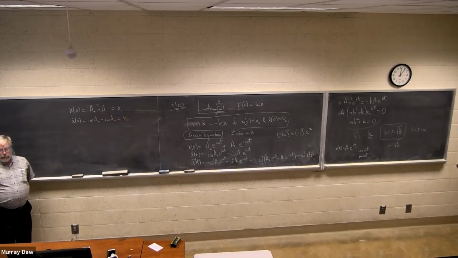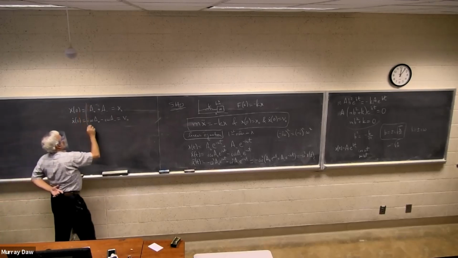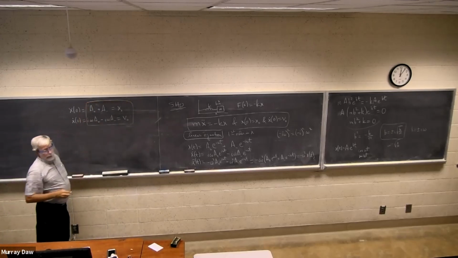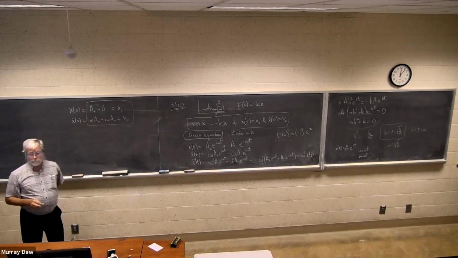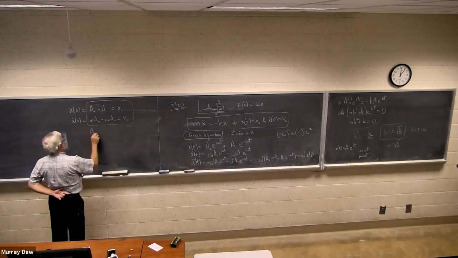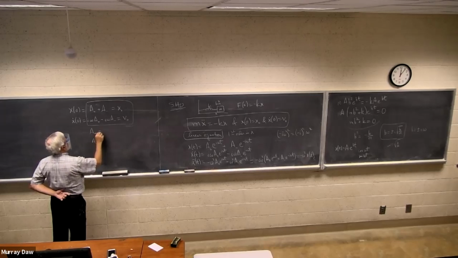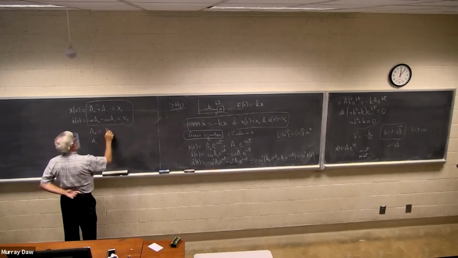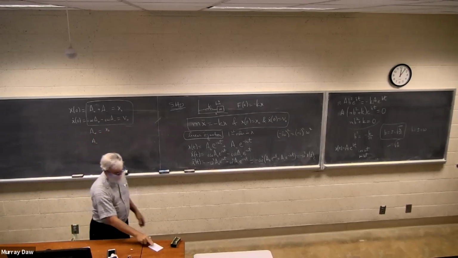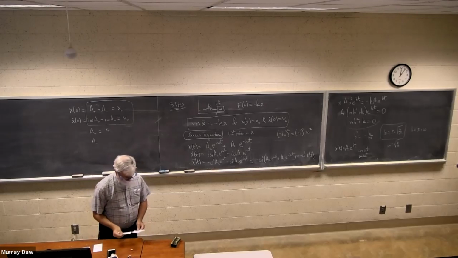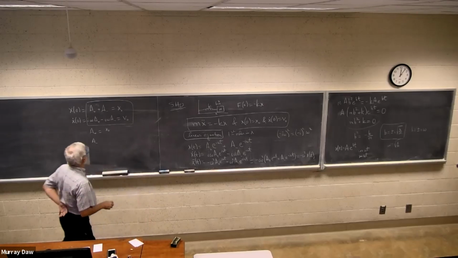Again, we've gotten back to algebraic equations, two algebraic equations, linear in two unknowns. So we solve these two equations for A plus and A minus. Let's see if it's easy enough to do.